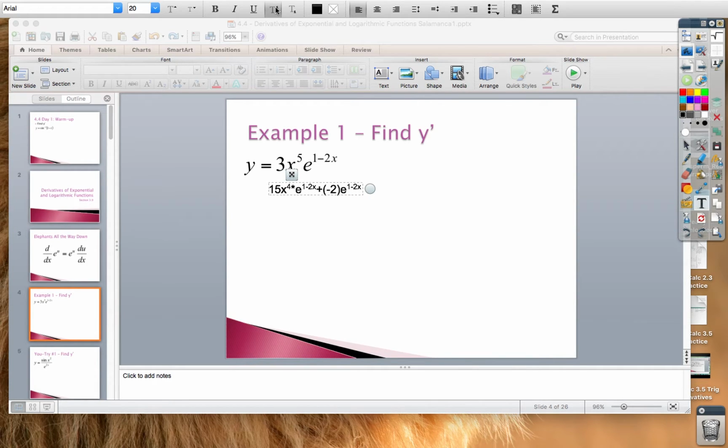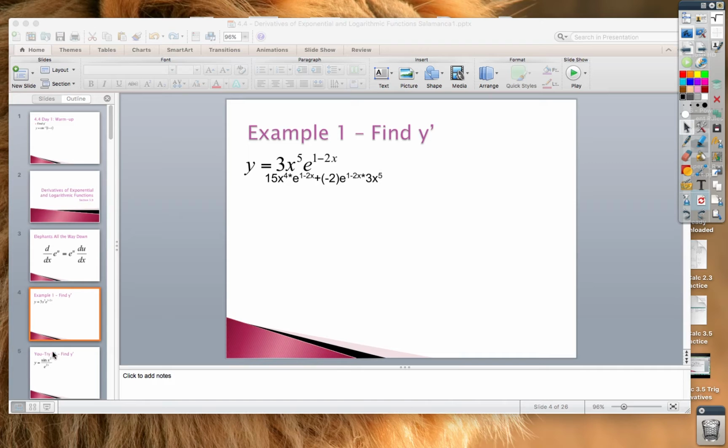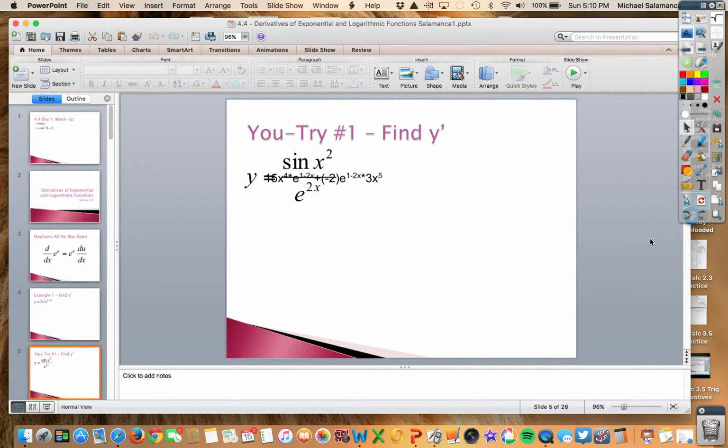E to the 1 minus 2x times the first. So the first is 3x to the fifth. And that's our final answer. Remember, they asked us to find the derivative, not to find the derivative and simplify it. So we're going to leave it at that.